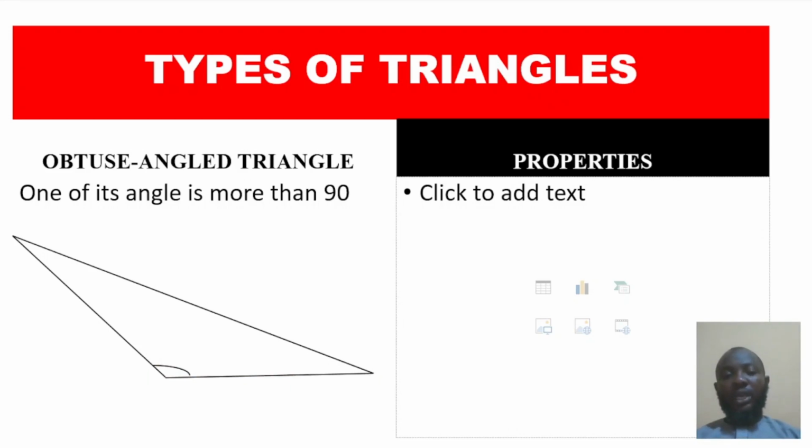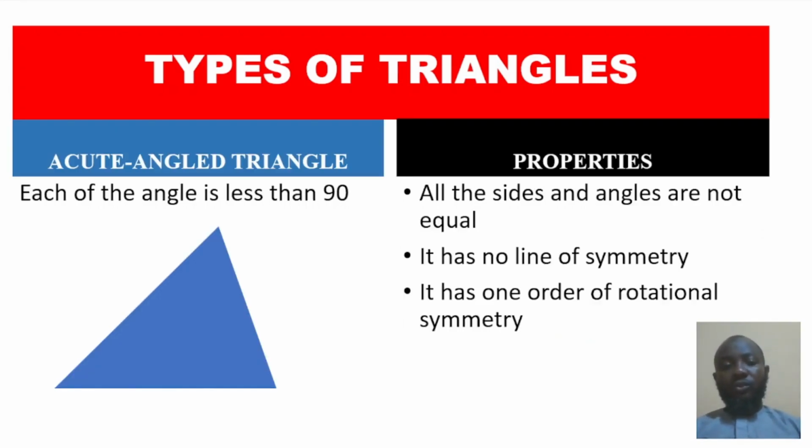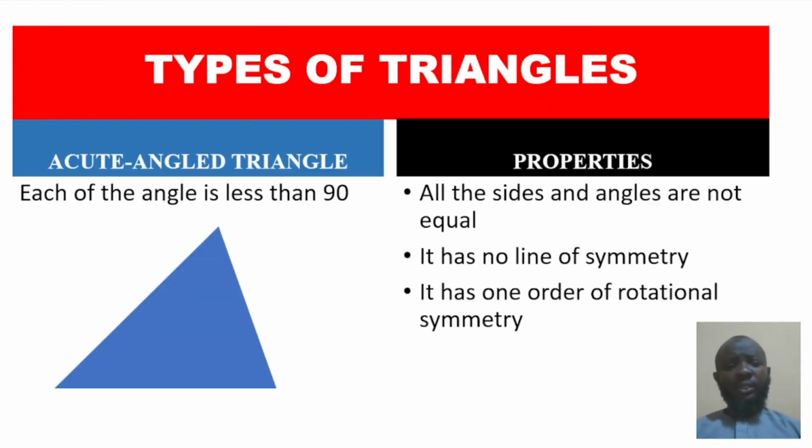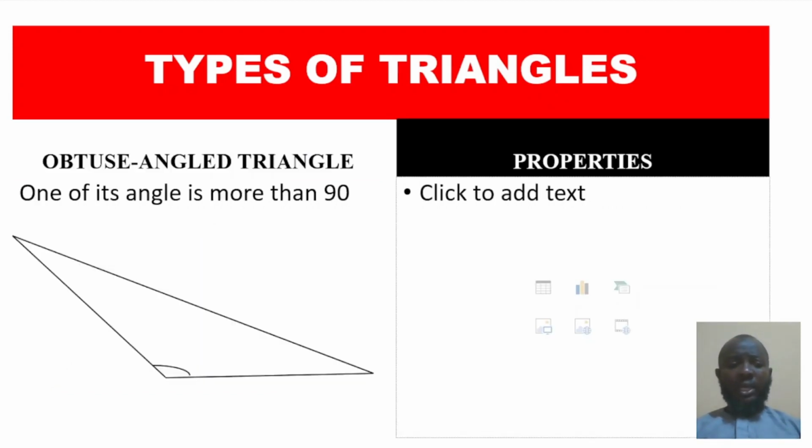So that is why it is an obtuse angle triangle. When you have a triangle where one of its angles is obtuse, we call it an obtuse angled triangle. This one has the same properties as the acute angle triangle. All the sides and angles are not the same. It has no line of symmetry, and it has one order of rotational symmetry. So that is that on this one.